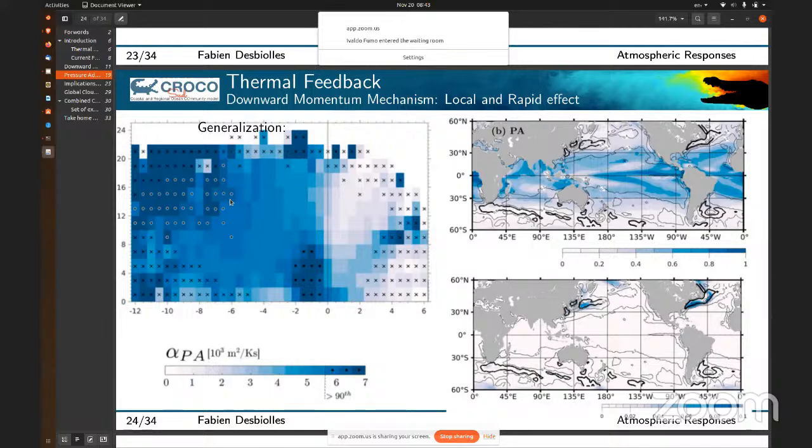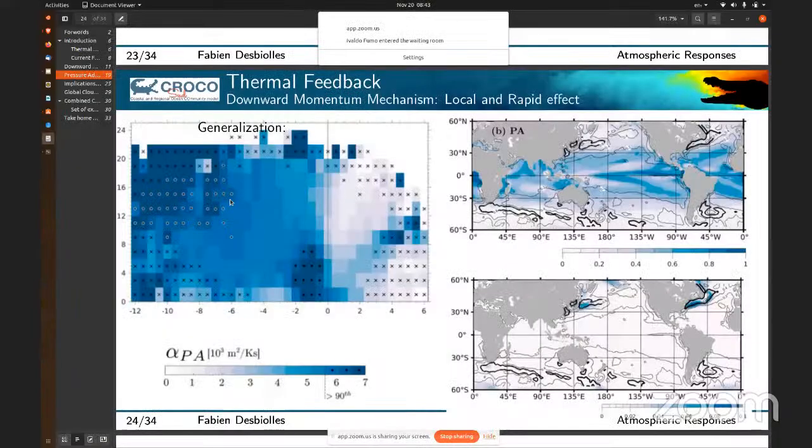So our slope of the regression, this coupling coefficient, is stronger, so the slope is steeper. And as I said, very unstable conditions and large wind mean that the heat fluxes are extreme.